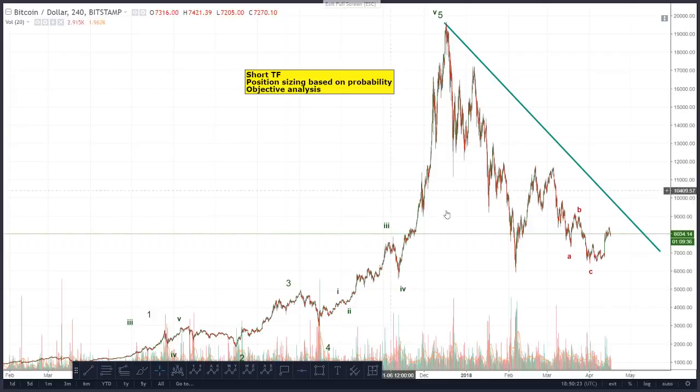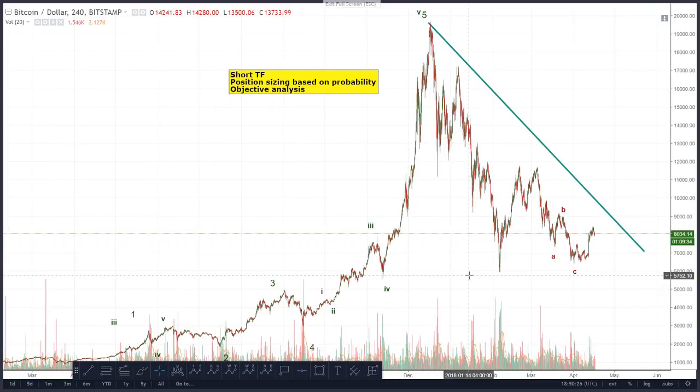On top of that, as you will be aware, in my last video I did talk about initiating an investment in altcoins. So for that reason, I'm going to discuss position sizing based on probability, because at the moment we're in an indecision phase within Bitcoin.